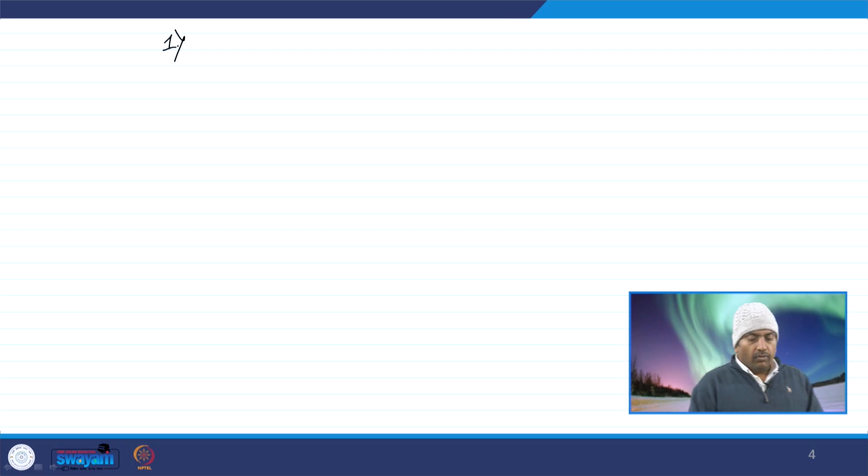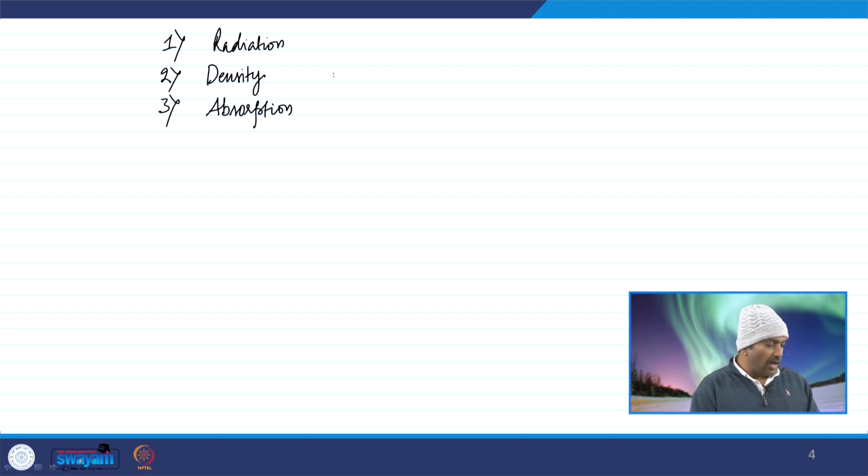Number 1, we have to assume that the intensity of radiation changes with respect to altitude, and the density of atmospheric species which is offered to the radiation for the sake of ionization also changes with respect to altitude, and the absorption cross section will also change for different species.